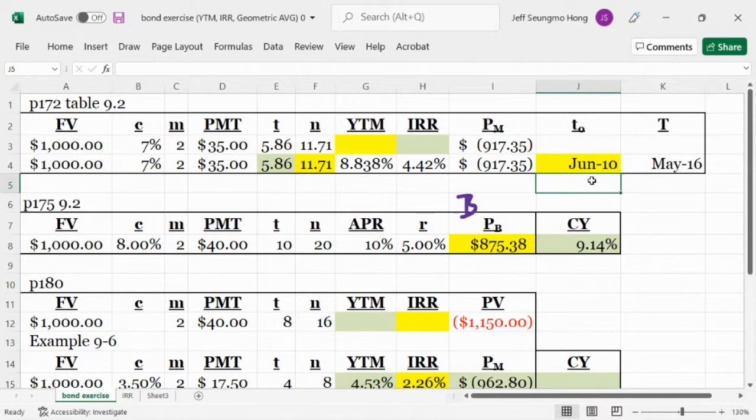That's why I knew this example was taken in June of 2010. And if we find yield to maturity and internal rate of return, in other words, solving it, we'll get exactly this. So everyone got the same result?